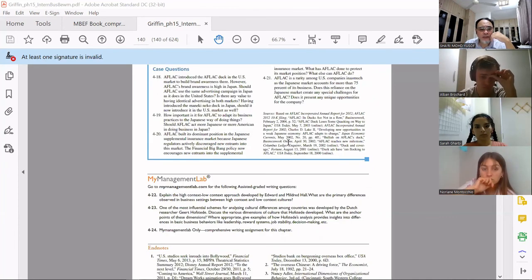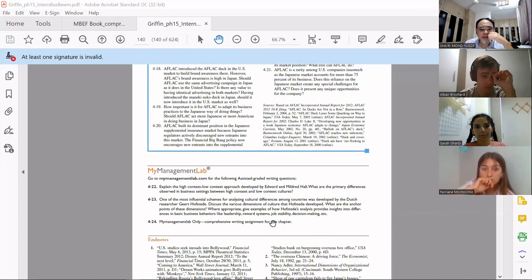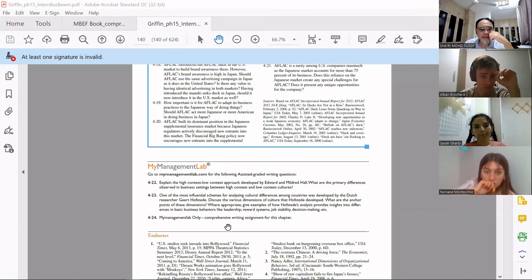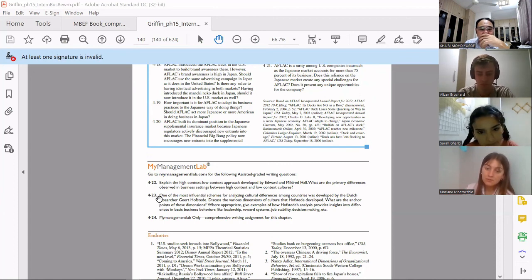If you go to the end of the chapter, I want you to do a little bit of investigation and answer question 4.23. No need for the assisted graded writing question. Just look at this question and answer it.